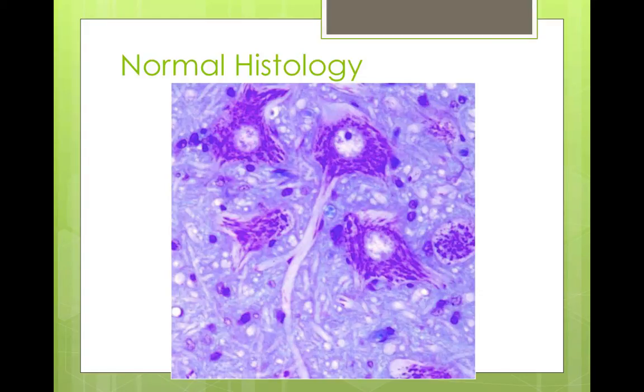So that's the normal histology. Now, I think you should be seeing my arrow here. That's the neuron. That's the body or soma of the neuron, and that's an axon of the neuron with a little projection here. This is a very classic, very beautiful, extremely good picture.